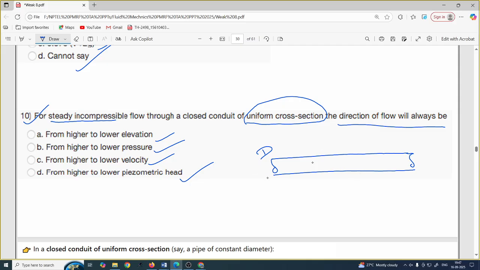Whatever velocity you have here, the similar velocity you will get here, because of continuity. If this is section A and this is B, Q_A is equal to Q_B. Area times velocity. If the area at both places is the same, the velocity will also be the same, because area depends on pi by 4 into d square. So one thing is very clear, at point A and point B velocity will be the same.